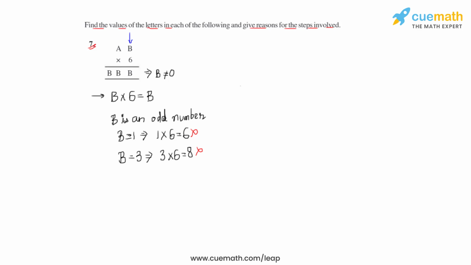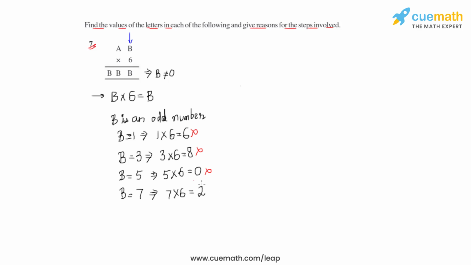So this assumption is also ruled out. If we move on to the next odd number, B equals 5, then 5 times 6 will result in a number whose ones place would be 0. Hence, this assumption is also incorrect. If B equals 7, then 7 times 6 will result in a number whose ones place is 2.